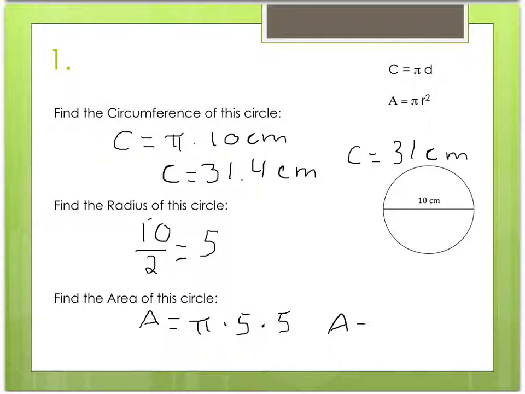So area is equal to 78.5 centimeters squared, or area is equal to 79 centimeters squared when we round up, because our diameter was given to us with no decimal places.